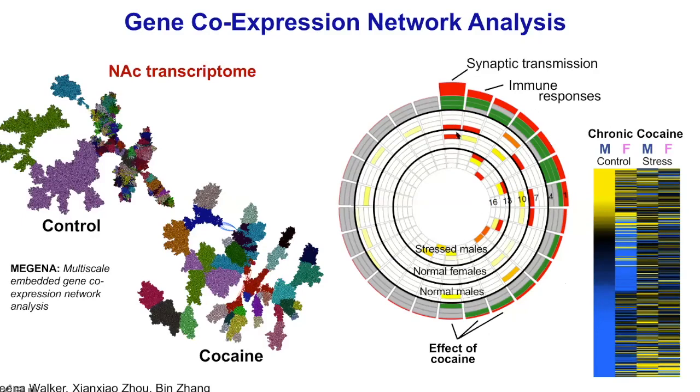So what I'm showing you here is now a very complex data set developed by Dina Walker that compared the effects of acute and chronic cocaine in males and females after a period of normal housing or stress during adolescence. And I'm gonna just highlight one finding that Dina had on the heat map at the very right, showing very broad differences in the effect of chronic cocaine in control females versus control males, again, focusing on nucleus accumbens, very broadly non-overlapping changes in genes, less than 10% overlap.